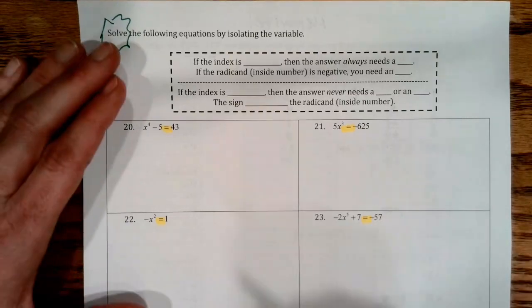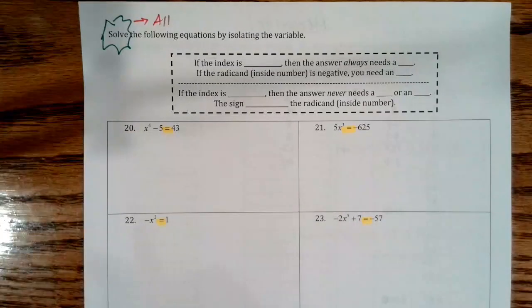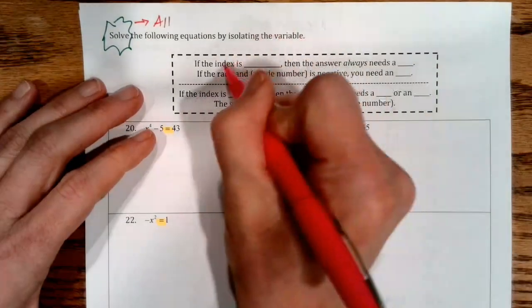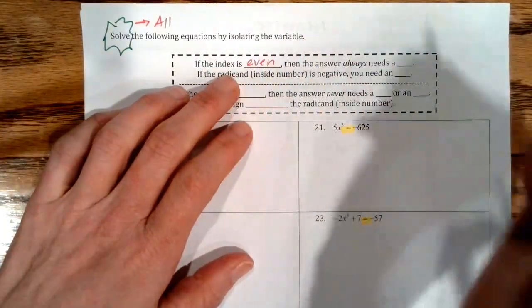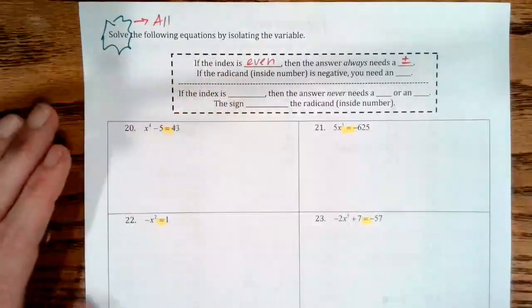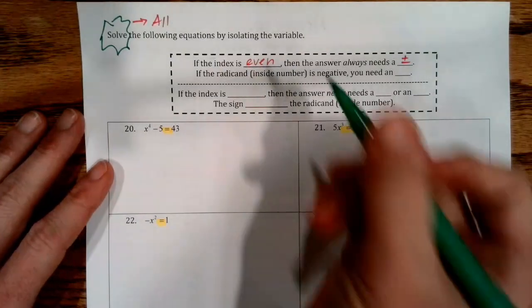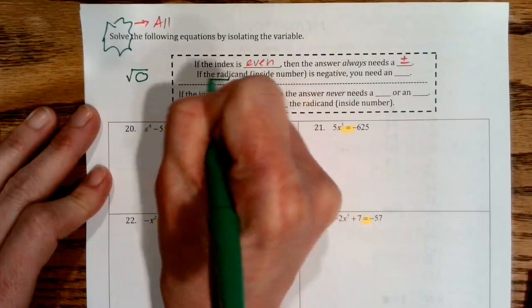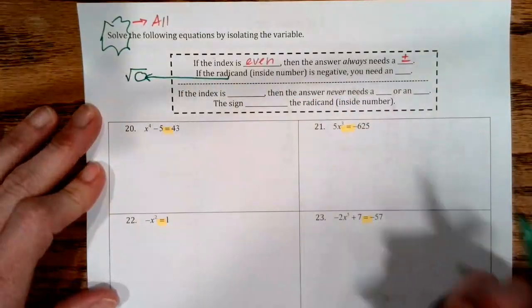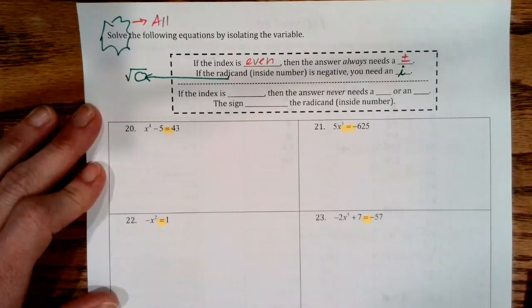When I'm looking for all of the values, that means I need to consider whether or not there's a positive and a negative value. So we have to go back to these rules where if the index is an even value, then you always need a plus minus. If the radicand, which is that inside number, whatever value is inside there, is negative, you're always going to need an i.